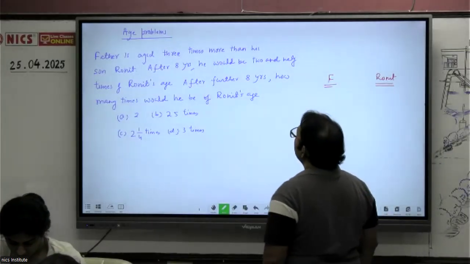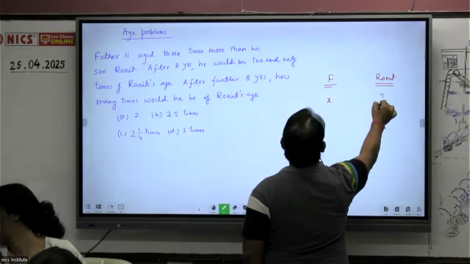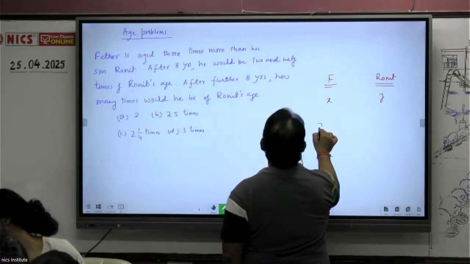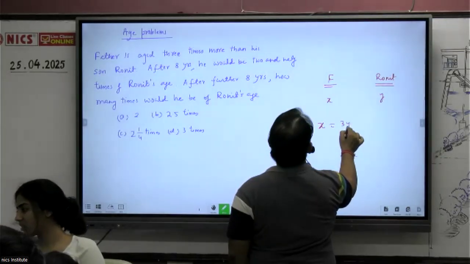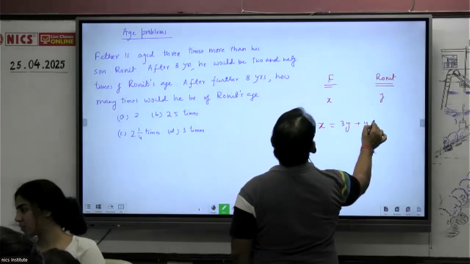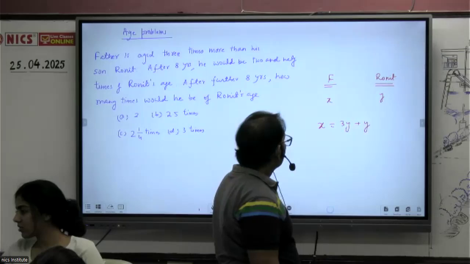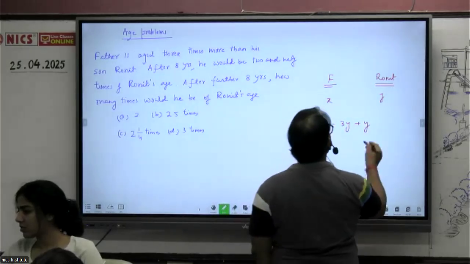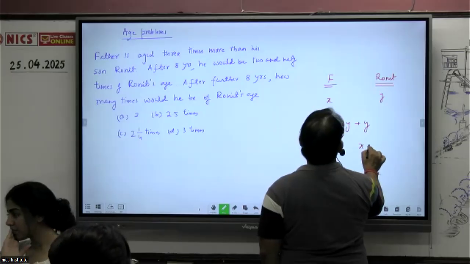Father is aged three times more. So suppose father is X, son is Y. So what is the relation? Father is three times more. You can start with one variable. So the first equation is X is equal to 4Y.